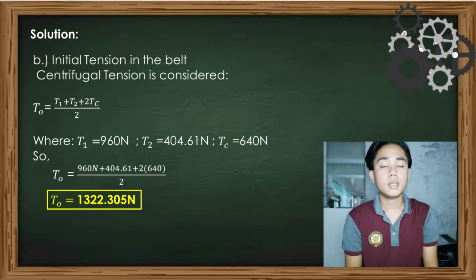So for letter B, number 1, the initial tension in the belt, where centrifugal tension is considered.